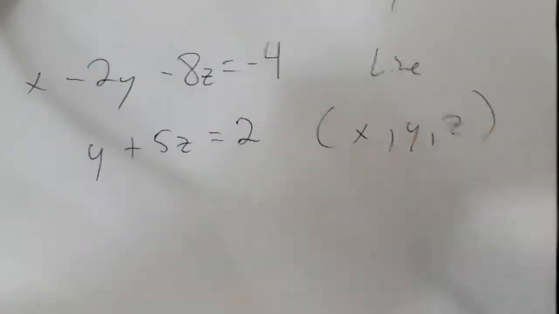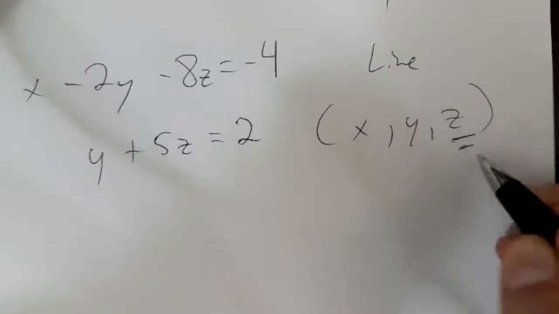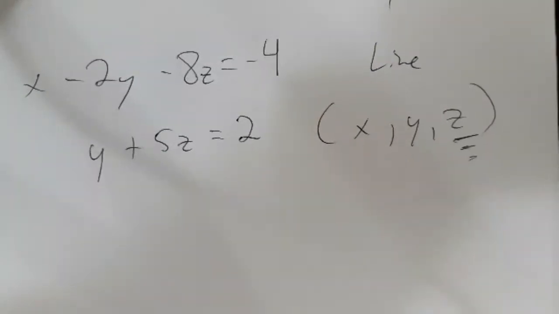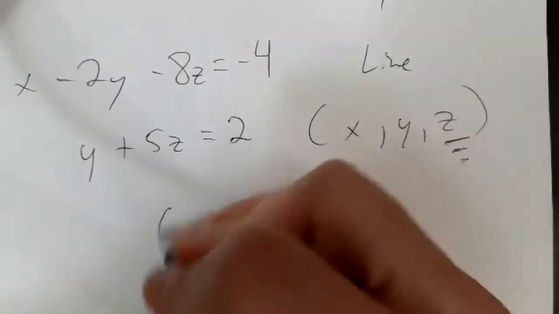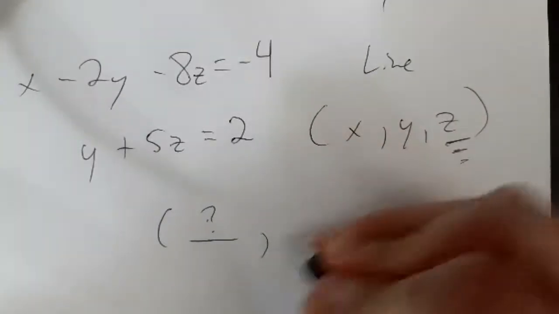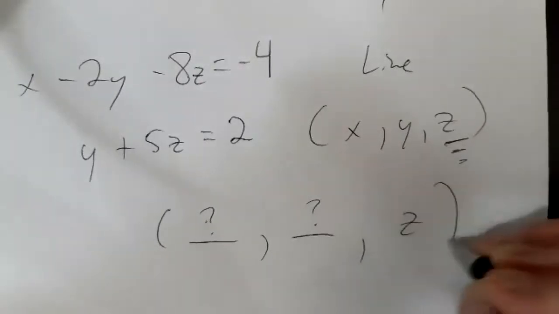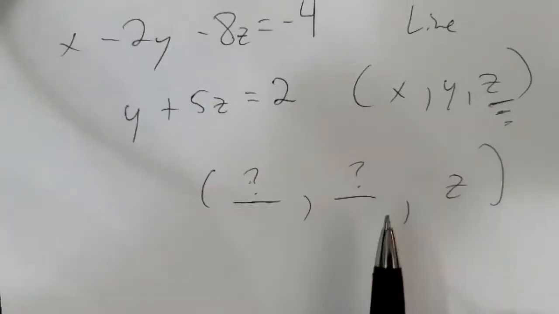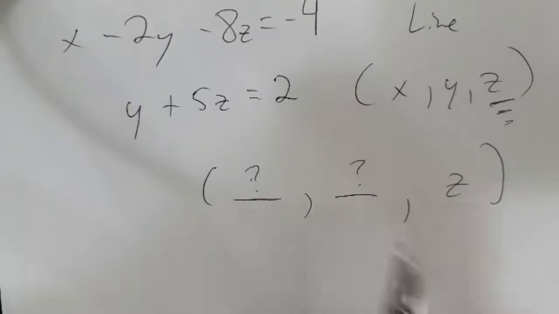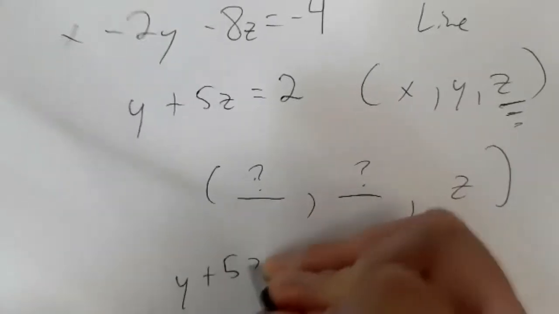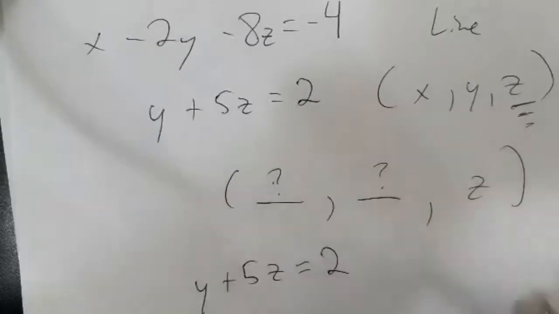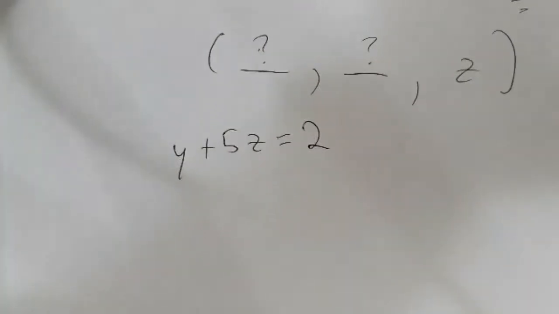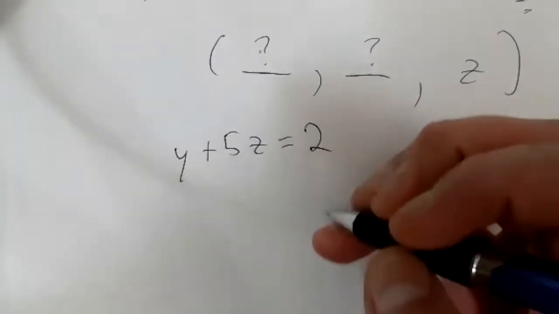And so to start this off, this thing is consistent. We're going to define things in terms of z, is the way that we write this line. And so we start off, I don't know what my x is, I don't know what my y is, but I know it's z. And so now I want to solve for these other things. So I'm going to solve for y first. And so I look at y plus 5z, and I want to solve for y.